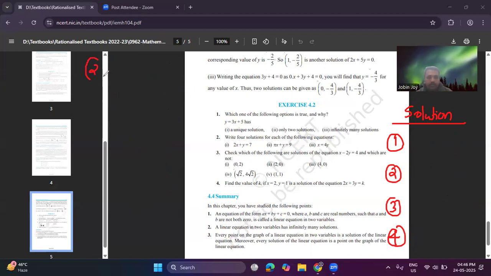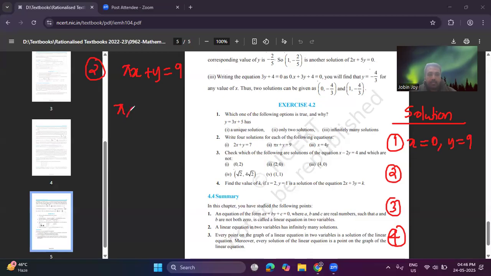Okay, what is the second equation? Pi x plus y is equal to 9. This is the second equation. So first I'm trying with x equal to 0 and y is equal to 9.